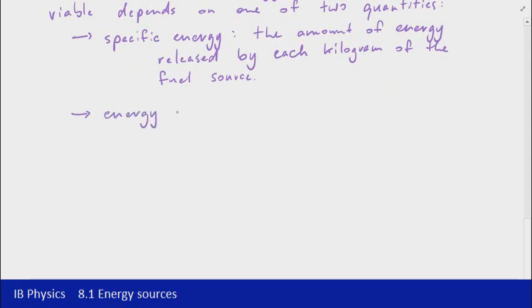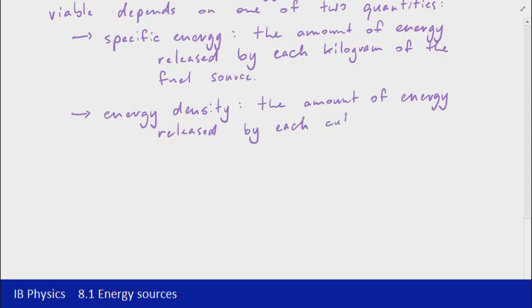So whereas specific energy is to do with the mass, the energy produced per kilogram of mass, energy density is, as the name suggests, about how densely packed, I suppose, you could say that the energy is in the volume that's going to be used. So in this case it's the energy released by each cubic meter of the fuel source.